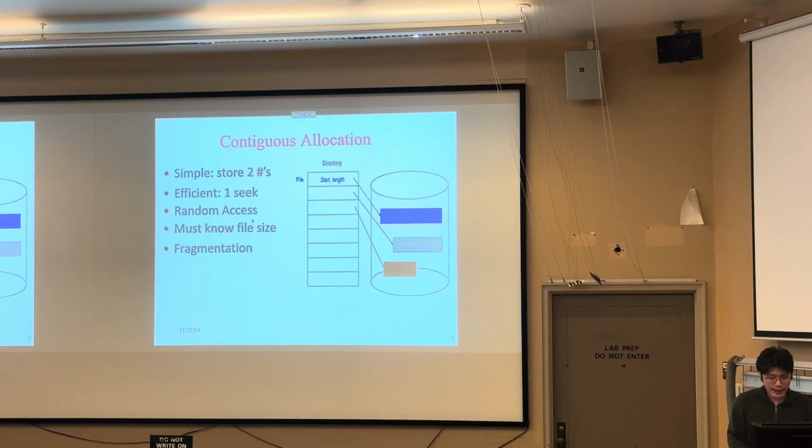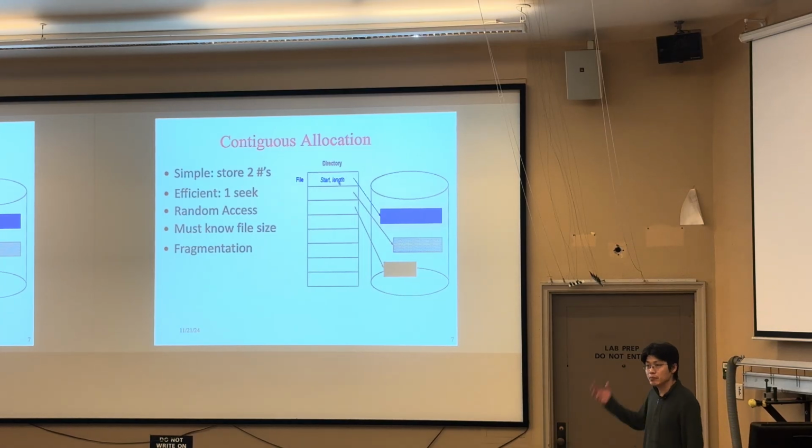So, continuous allocation. You have a disk, and this disk has many blocks, sequentially organized. For file 1, you put it in block 1 and give it a start location and length. For example, when I'm creating this file, I say that my file starts at block 1, and the length of my file is 10 blocks.